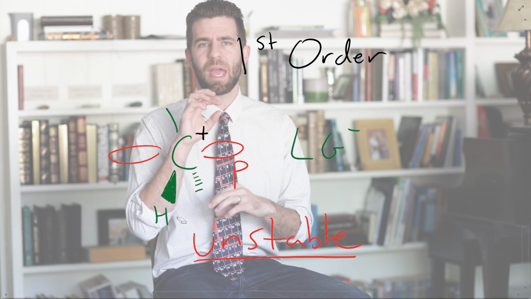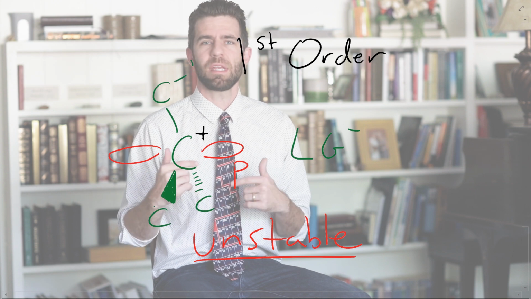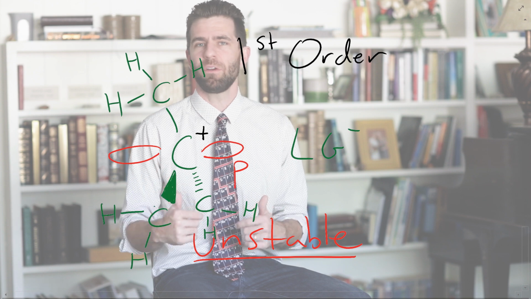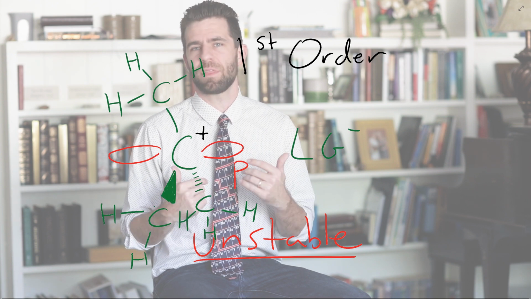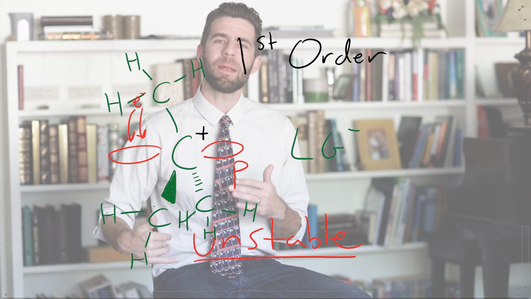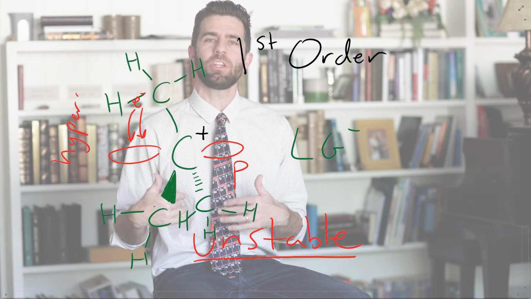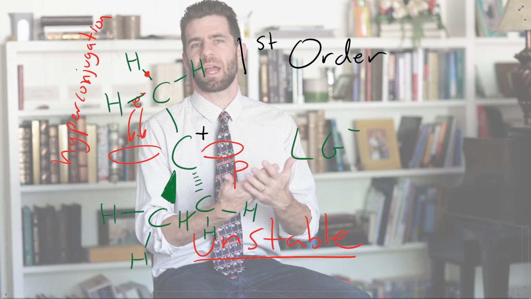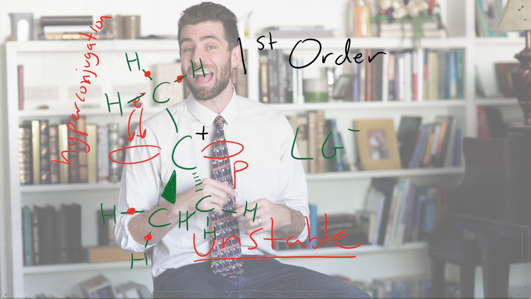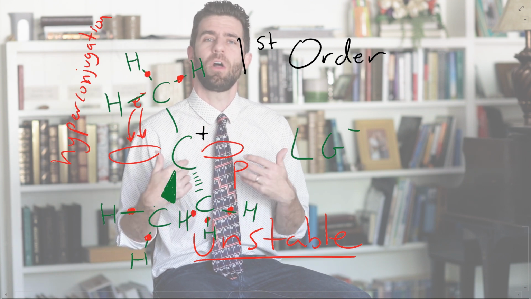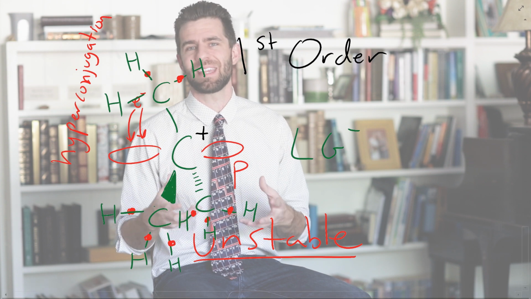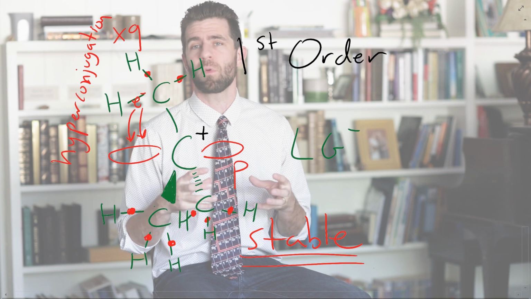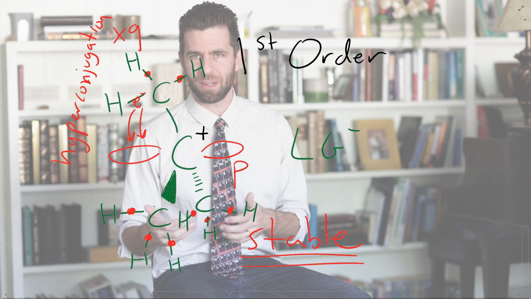Now, if we put carbons all around, each of those carbons has C-H bonds that nicely align with that p orbital and hyperconjugate. Hyperconjugation is when we donate electrons from those bonds and those electrons fill in that empty p orbital. We have 9 of those bonds all able to hyperconjugate and stabilize that. So a tertiary alkyl halide is more likely to form a carbocation.